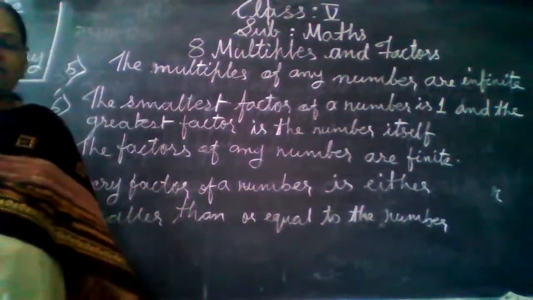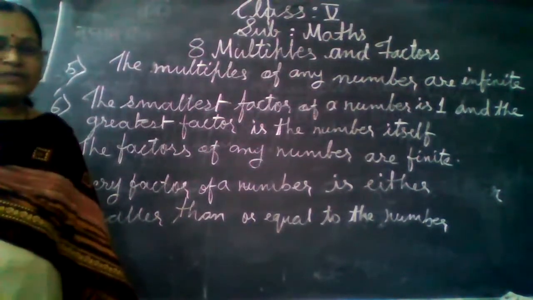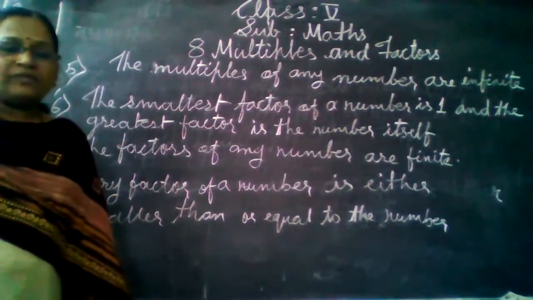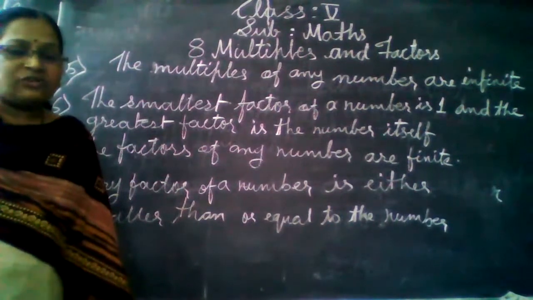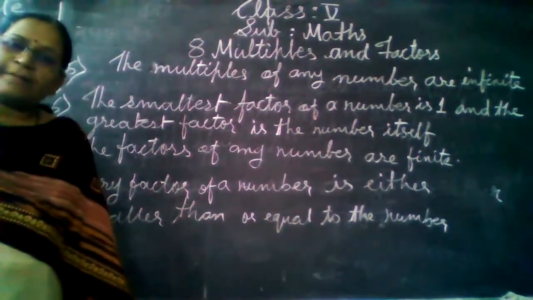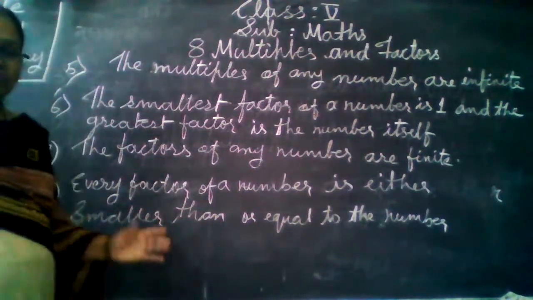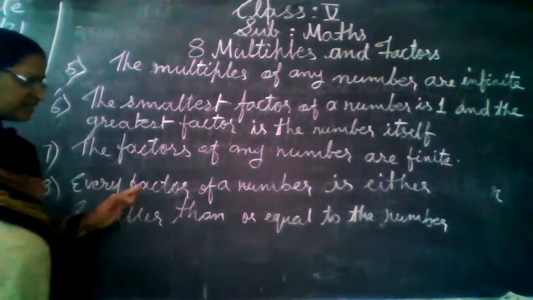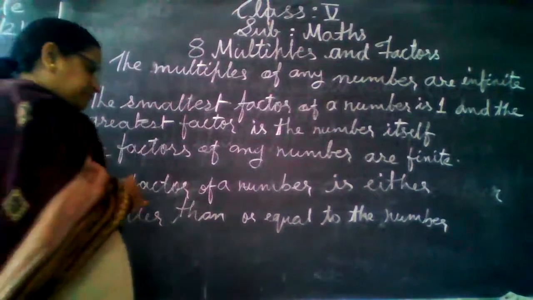So what is the smallest factor of every number? 1. But what about 1? What are the factors of 1? 1 has only one factor. So the factor of 1 is 1. So every factor of a number is either smaller than or equal to the number.